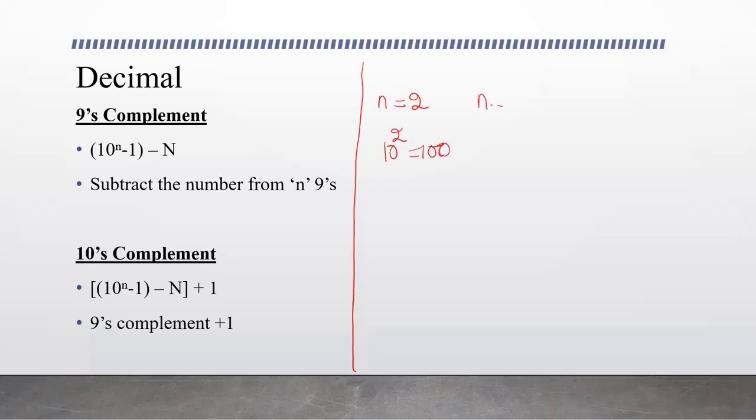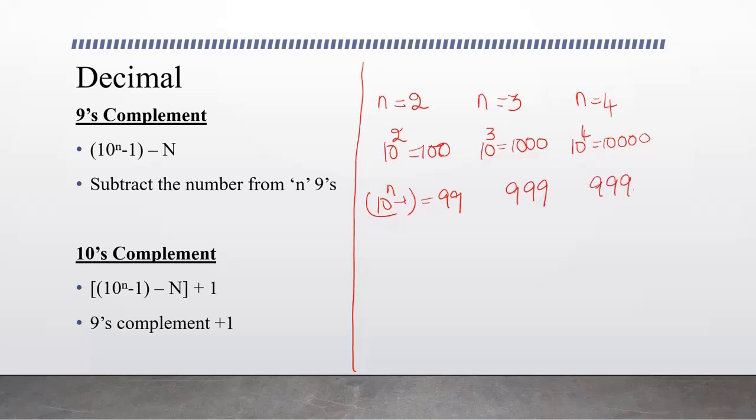If n is 3, 10 power 3 is 1000. If n is 4, 10 power 4 is 10,000. And so 10 power n minus 1 becomes 100 minus 1 is 99, 1000 minus 1 is 999, and 10 power 4 minus 1 becomes 9999.